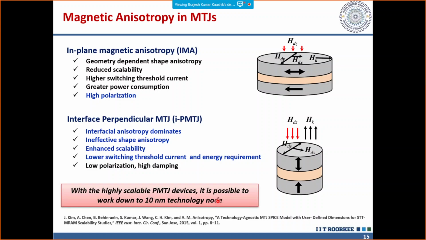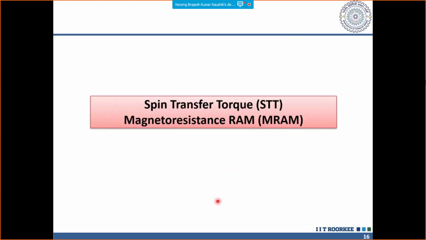So the overall reduction in size would be huge if you're using a transistor or a memory element form of MTJs that can be accommodated in a smaller piece. Now going further, how does this spin transfer torque magnetoresistive memory actually work? That is something we need to look into and deliberate upon.